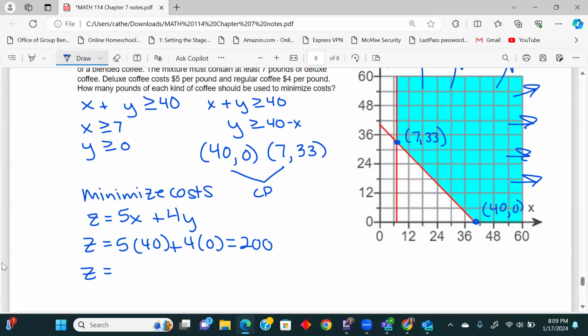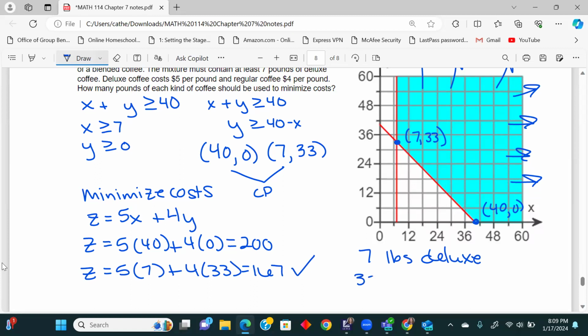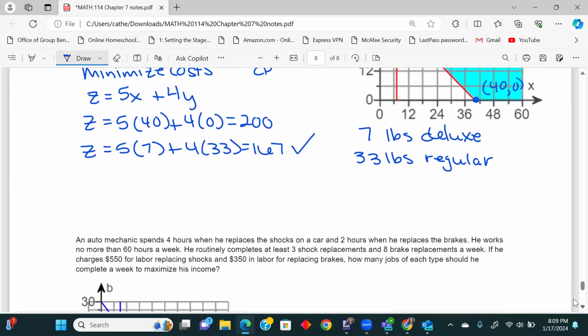Let's do the second corner point. All right, so that combination will minimize the cost. We'll use 7 pounds of the deluxe coffee and 33 pounds of the regular coffee. And these are just, the graphing is pulling from 7.3.